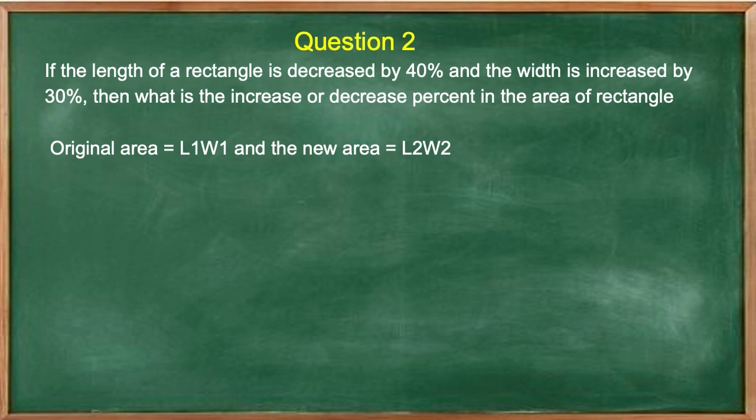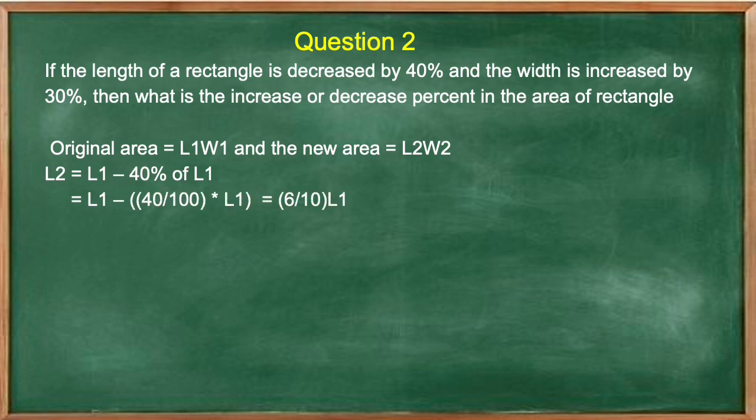See, length is decreasing by 40%. So the new length L2 will be 40% less than L1. So L2 is equal to L1 minus 40% of L1. 40% means 40 divided by 100. So L2 is equal to L1 minus 40 divided by 100 into L1, which is equal to 6 divided by 10 L1.